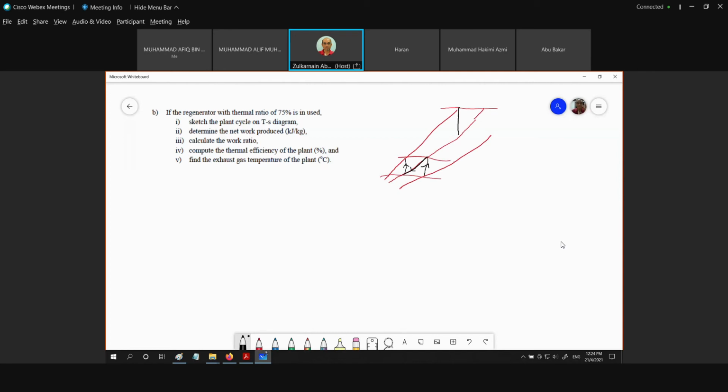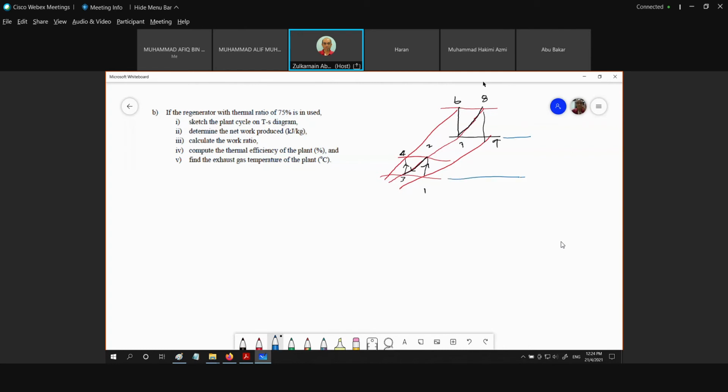This is our expansion process, reheat, and this is our line. So this is 1, 2, 3, 4. This is 6, 7, 8, 9. Then we need to sketch the line or the point of 5 and 10 accordingly.